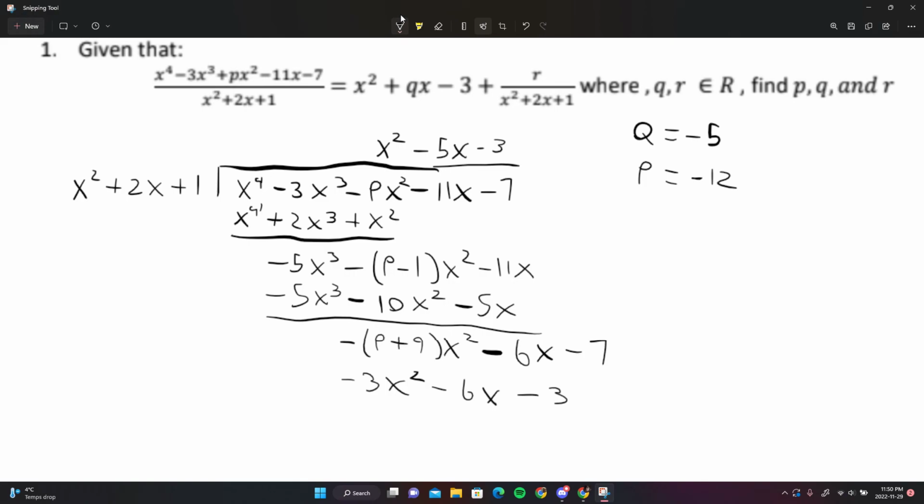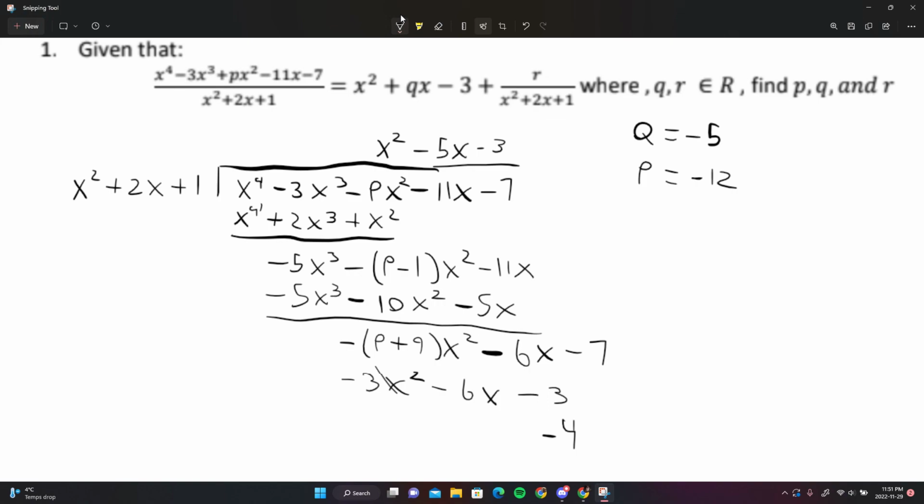And since these two are the same, p plus 9 and negative 3x squared, these actually cancel out. So yeah, 0. Same thing goes for the negative 6x and the negative 6x. Negative 6 minus negative 6 is 0, so those cancel out as well, leaving us with negative 7 minus negative 3, and that just gives us negative 4.